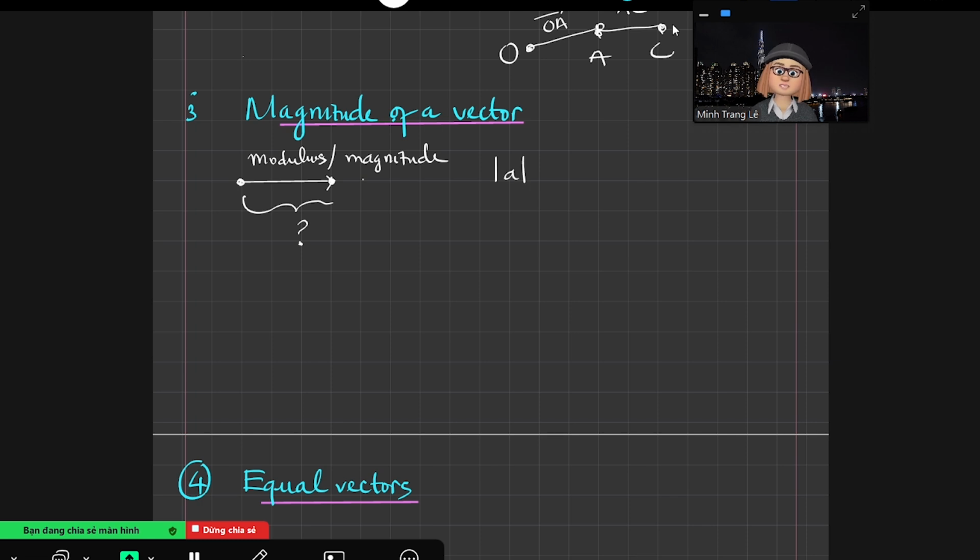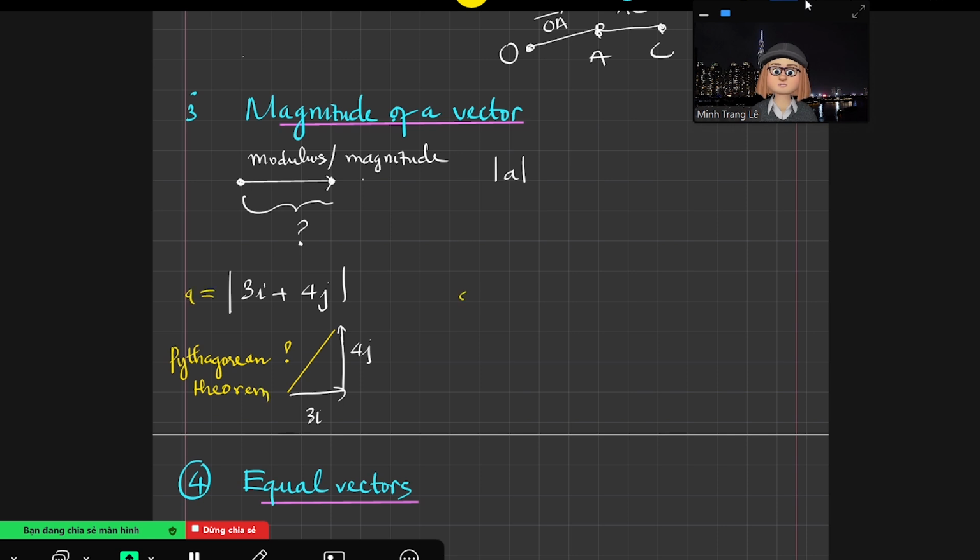For example, imagine a vector given by the coordinates 3i plus 4j. To find its magnitude, we use the Pythagorean theorem to form an equation where the square of the hypotenuse is equal to the sum of the squares of its components.